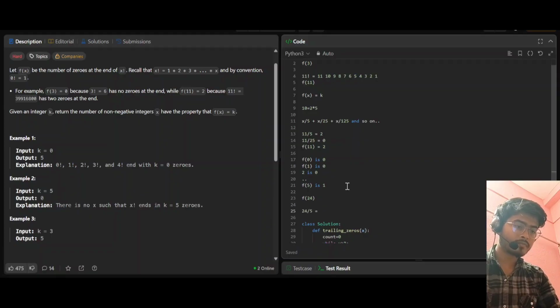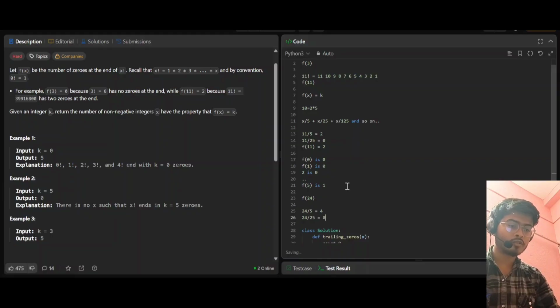What will be the value? 4 by integer division. And 24 by 25, it will give 0. The total will be 4 plus 0, that is 4. So f(24) equals 4.